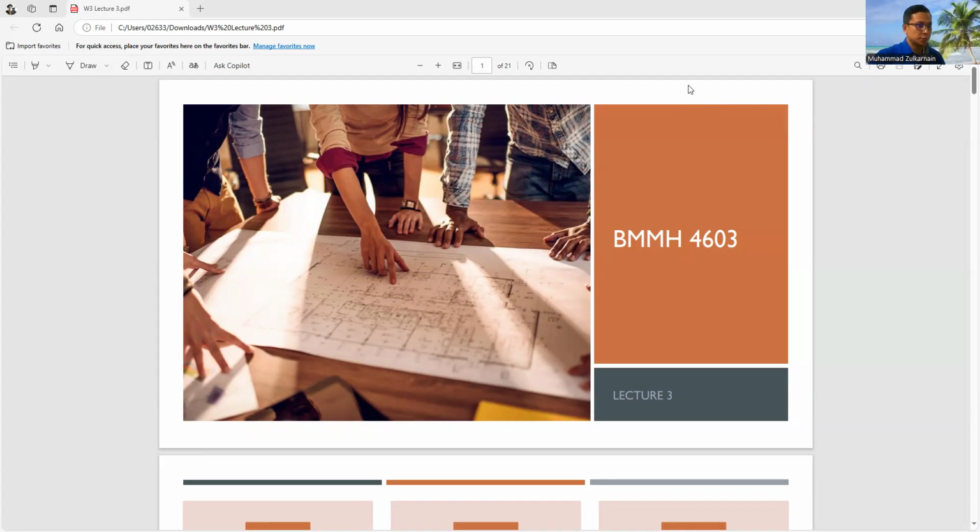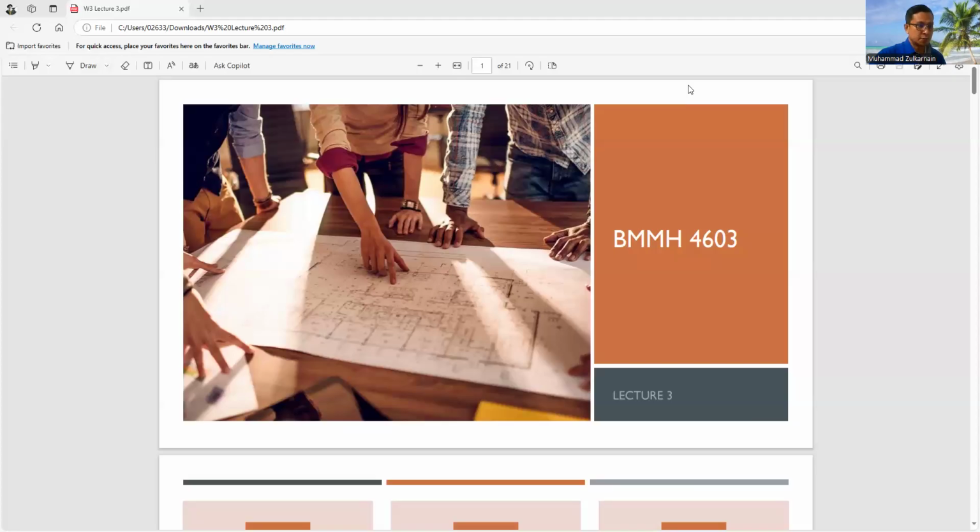Today we are already in week 2. So we try to introduce the circuit and how to read the circuit based on three types of diagram, or the knowledge about reading the circuit from the electrical work.